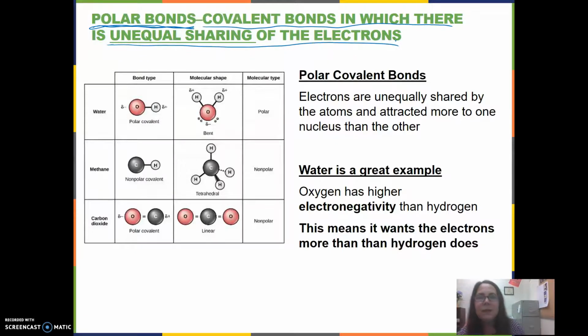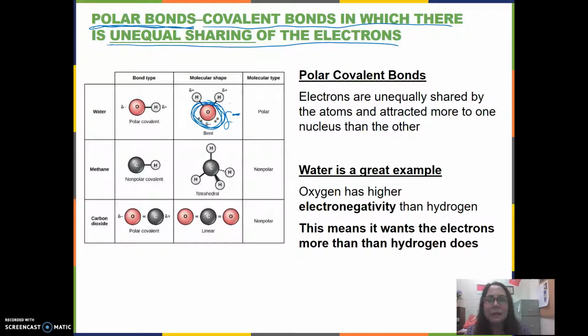Unequal sharing. So for example, in the water molecule, the oxygen has a stronger hold or a stronger attraction for the electrons that are being shared than the hydrogen. So the oxygen actually carries a slightly negative charge. I don't know if you can see it in the picture, so I'll draw it.